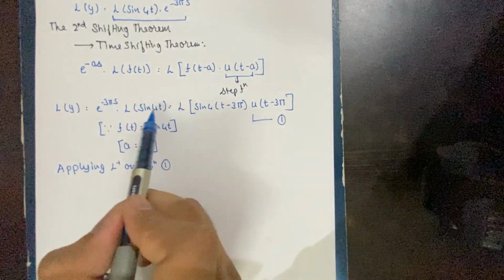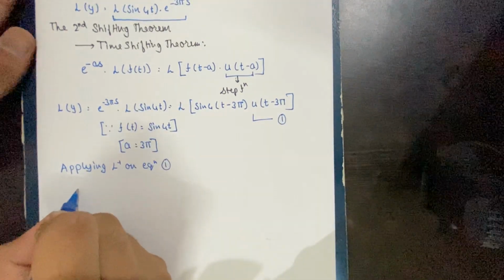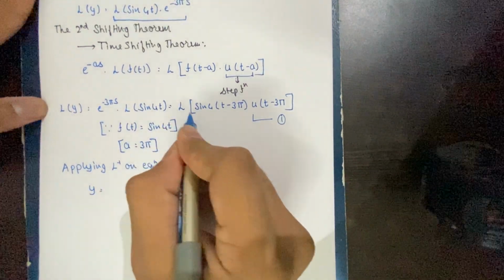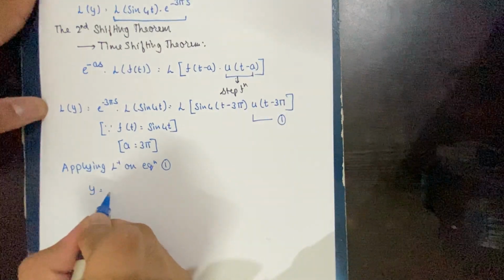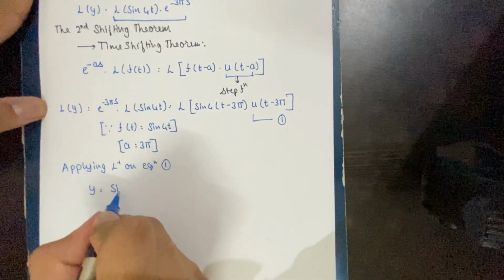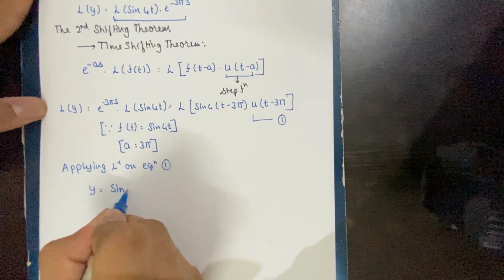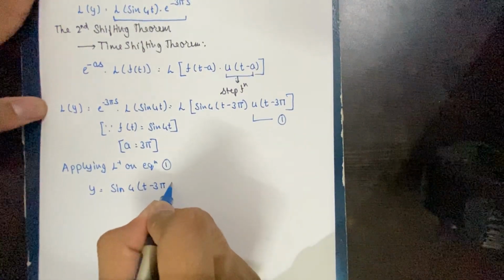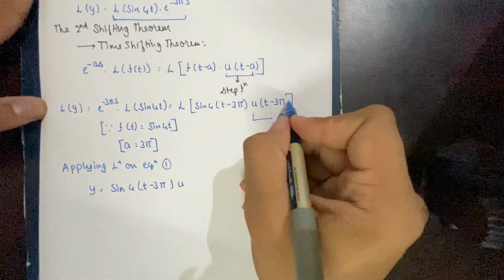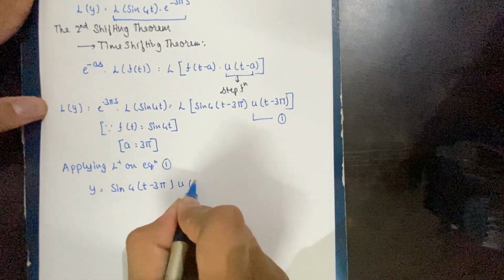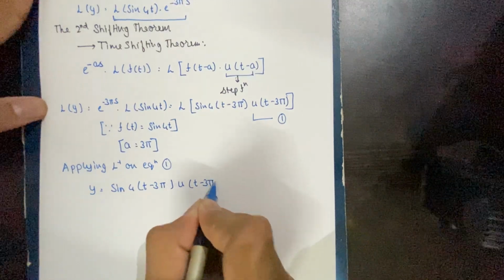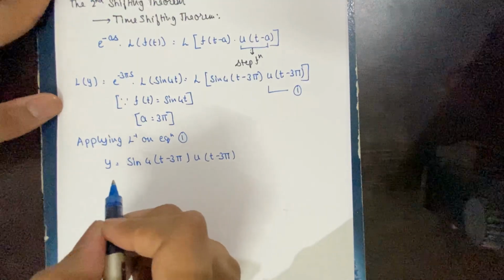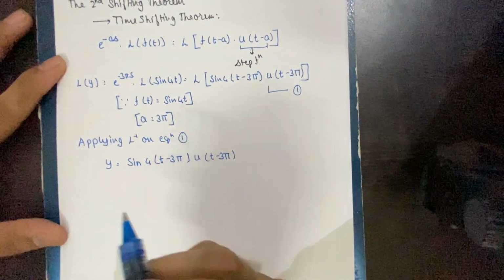The purpose is served. So L inverse of L of y is y equals L inverse of L of something is that. So y equals sine 4 times t minus 3 pi, u t minus 3 pi. That's it. This is the solution of the ODE.